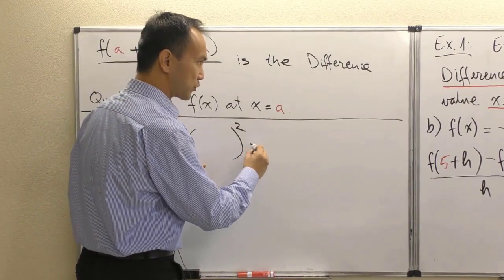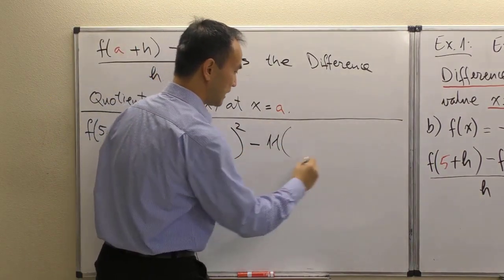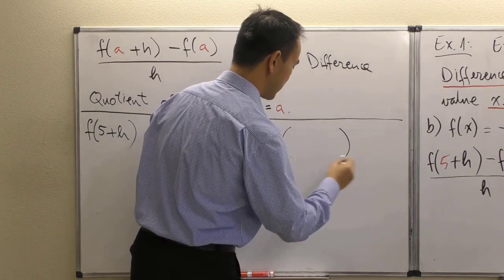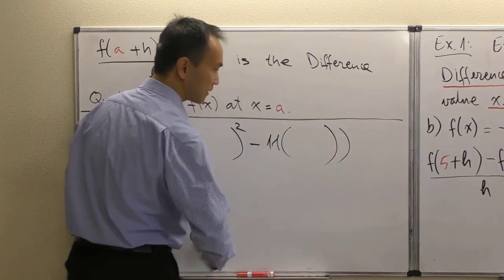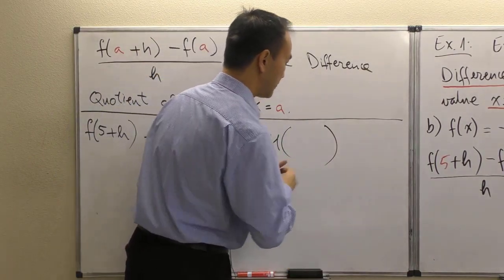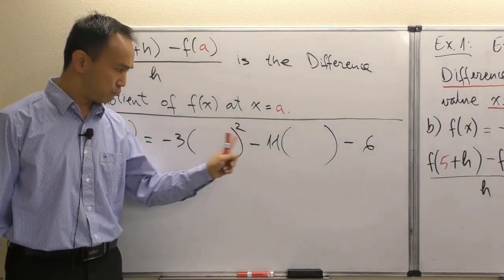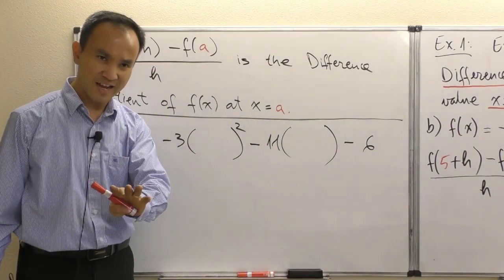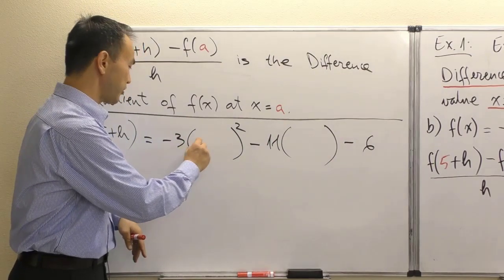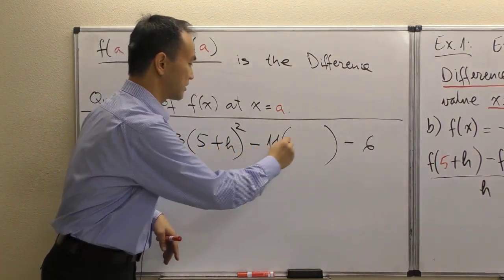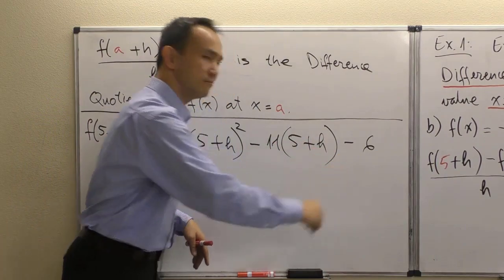And then we're going to subtract 11 times the inputs, and minus 6. That's the rule of the function. And the empty parentheses here is ready to fill in that expression, 5 plus h being the input.